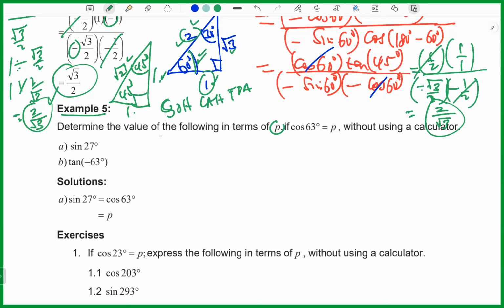Determine the value of the following in terms of P, if the cosine of 63 degrees is P, and we need to find that. There's a couple of ways to do this one, but I advise students to always use a diagram to do these kinds of questions. You never go wrong.